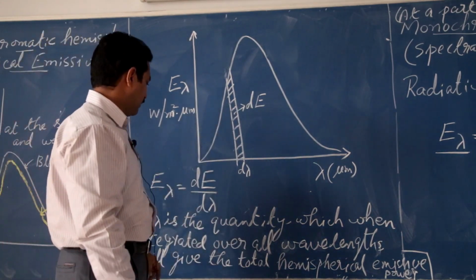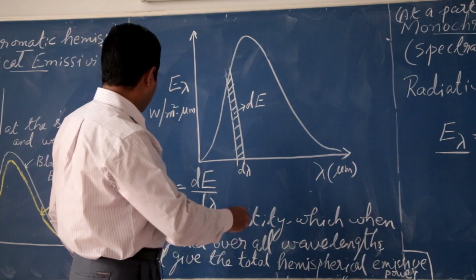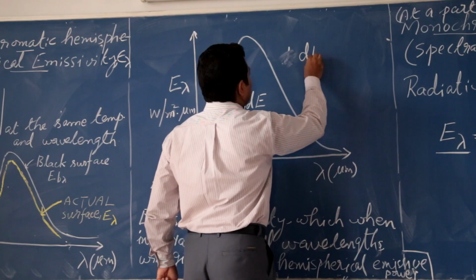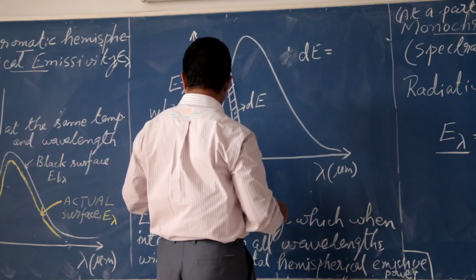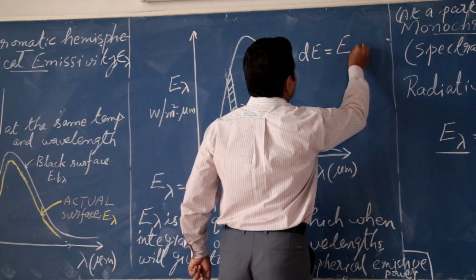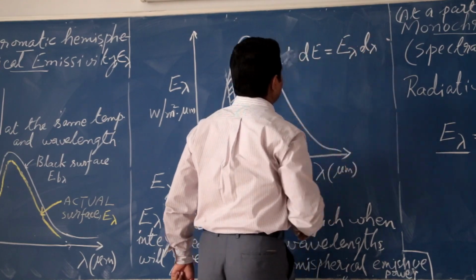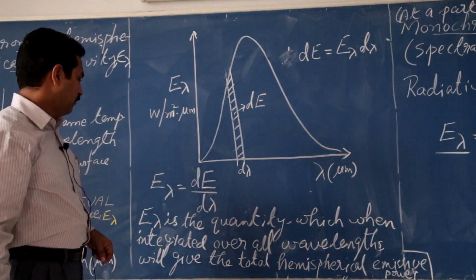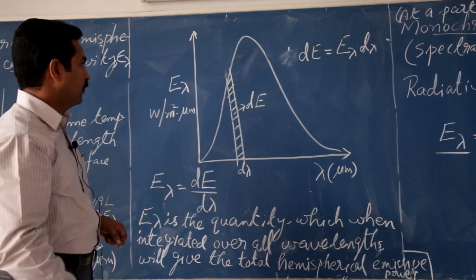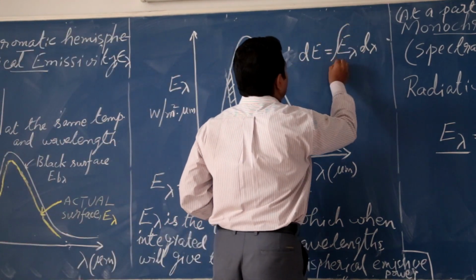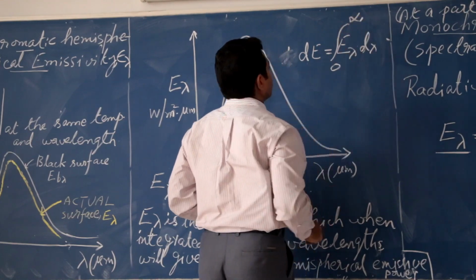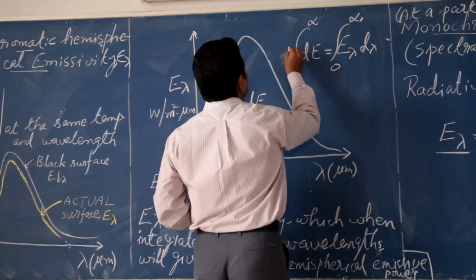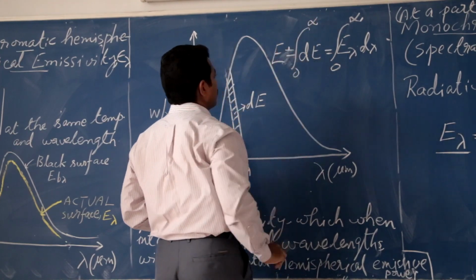So I can write dE as E lambda d lambda, where E lambda is a quantity which, when integrated over all wavelengths from 0 to infinity, gives the total hemispherical emissive power.